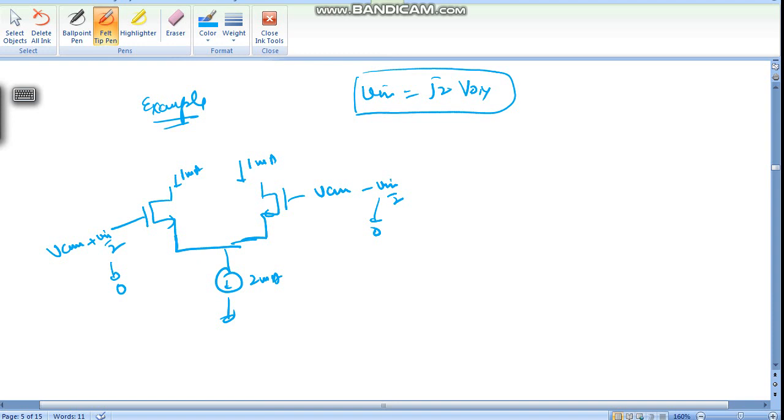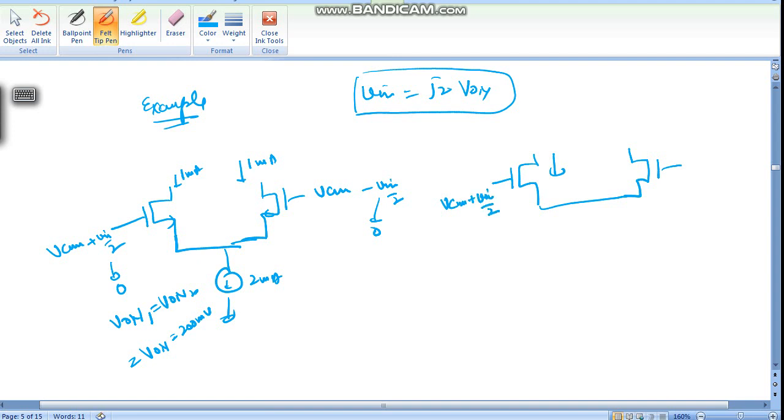Now we want some Vin such that the current steers fully, and suppose VON1 equals VON2 equals VON equals 200 millivolt. What is the value of Vin, with VCM plus Vin by 2 and VCM minus Vin by 2, such that one side is 2 milliampere and the other is 0 ampere?